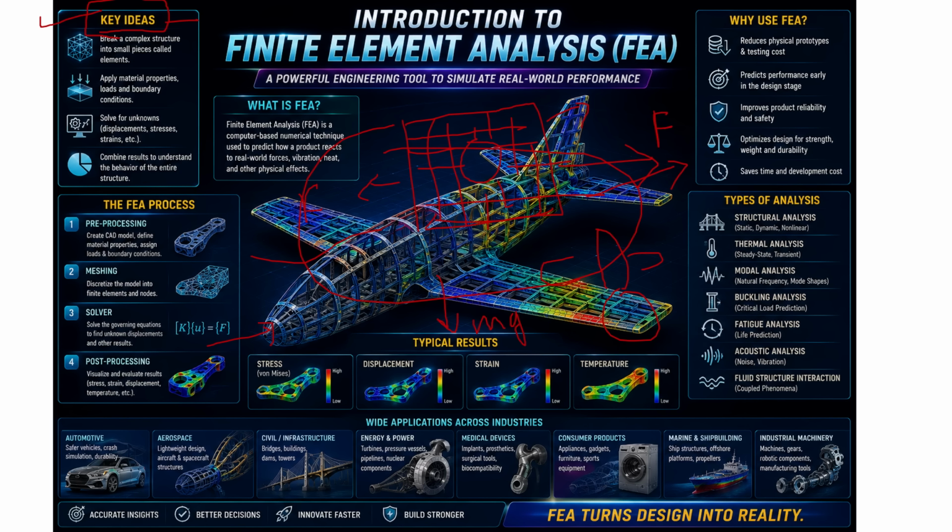Suppose I want to know the stresses, pressure, heat, or temperature inside the plate. We are going to check what things get generated after our boundary conditions and after our loads or heat or any kind of inputs act, and we will get the outputs. So this is the first thing, the key idea, in FEA.